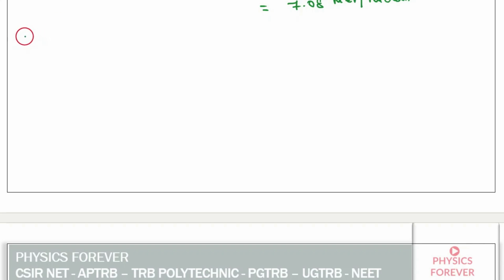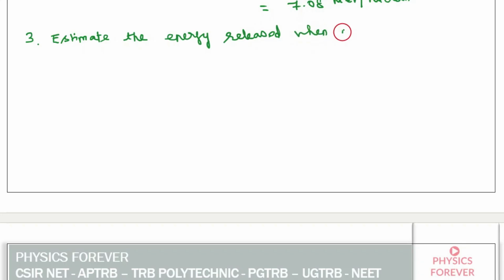So then problem 3, then estimate the energy released when 2 deuterium nuclei fuse into helium 4.